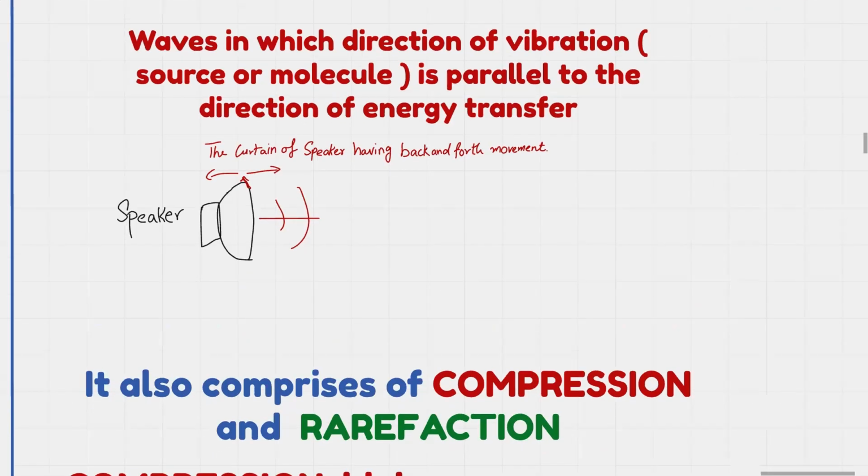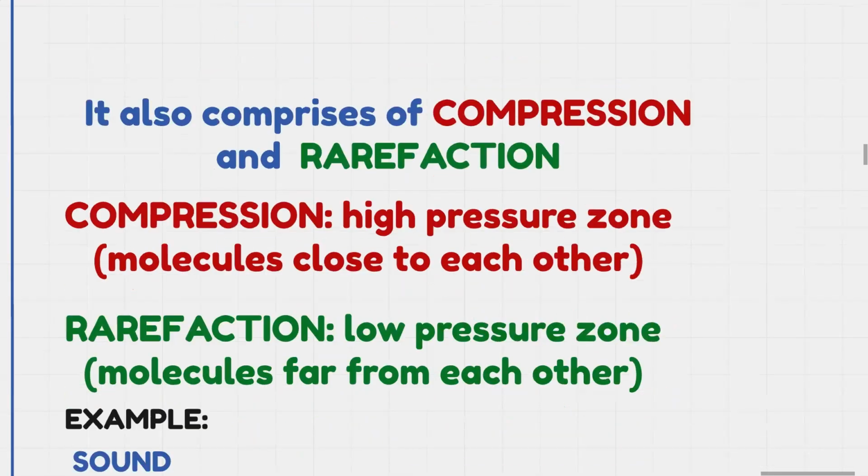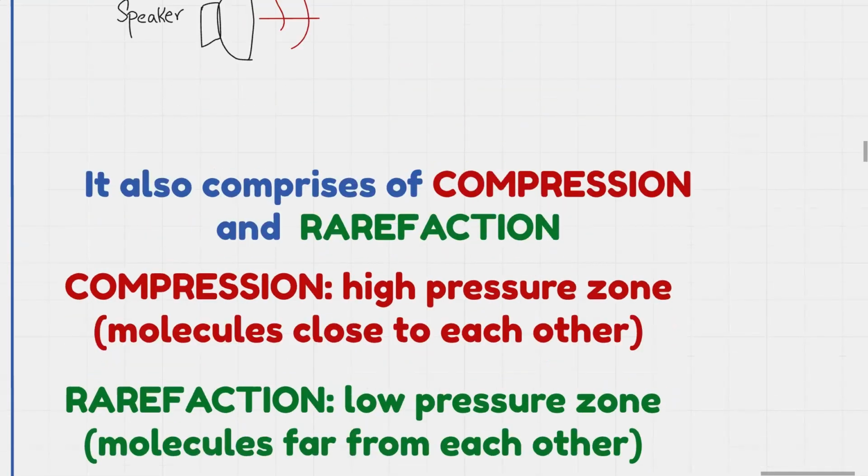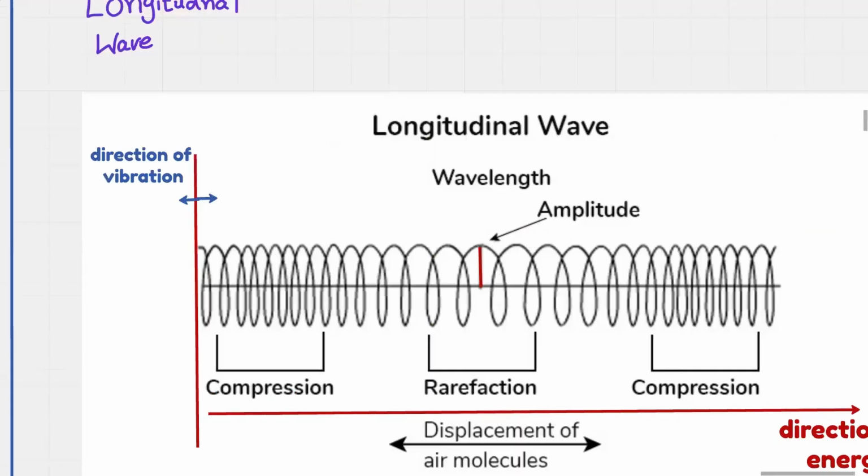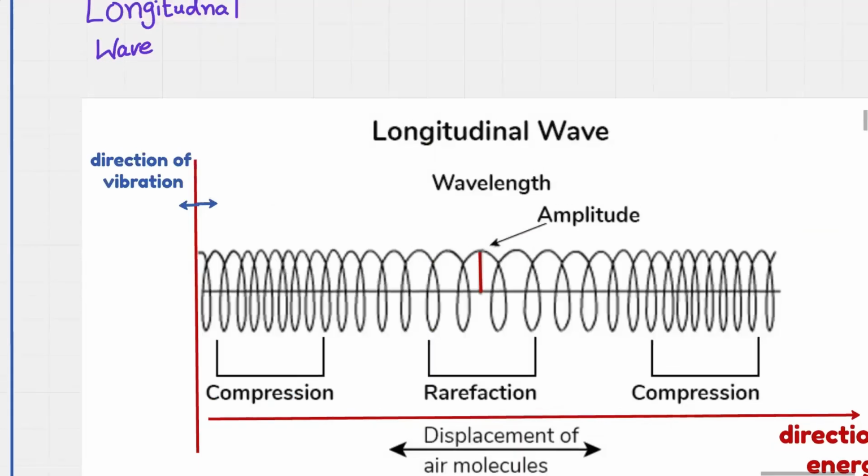Now, what is compression really? Compression is also known as the higher pressure zone, when the molecules are close to each other. When the source or the molecules are closely bound towards each other, it's creating a high pressure zone, so that's why it's called compression.